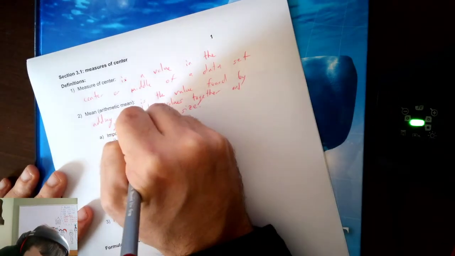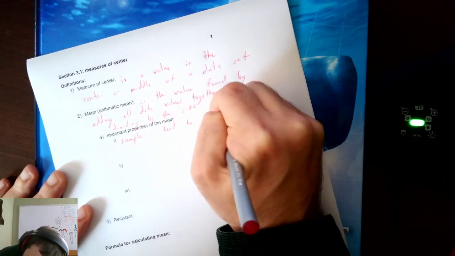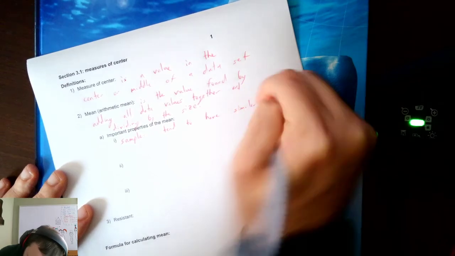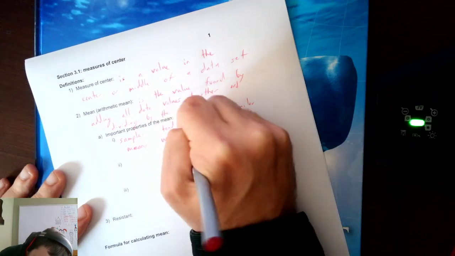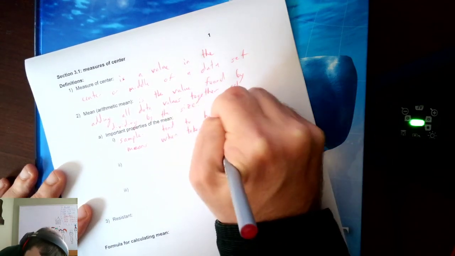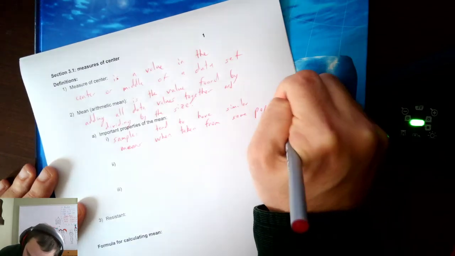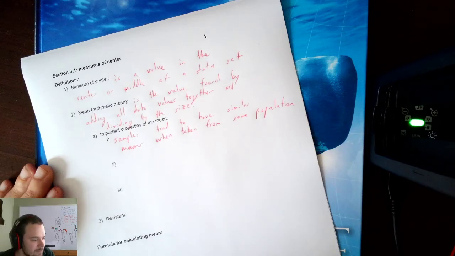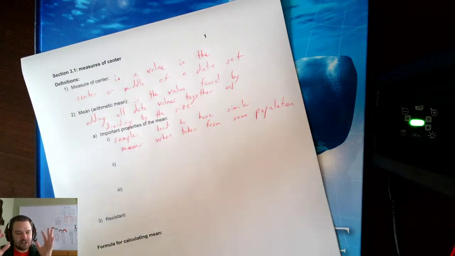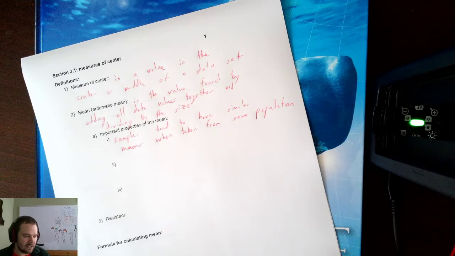First is samples tend to have similar means when taken from the same population. This means if you have a population you want to study and you collect 10 different samples, you should expect each of those 10 samples to have fairly similar means.